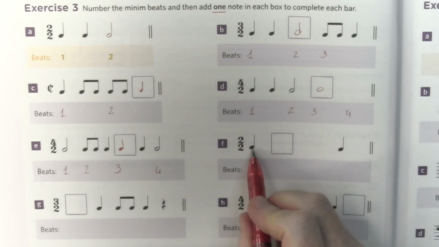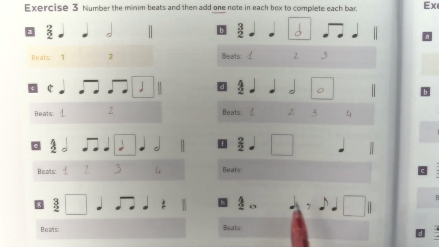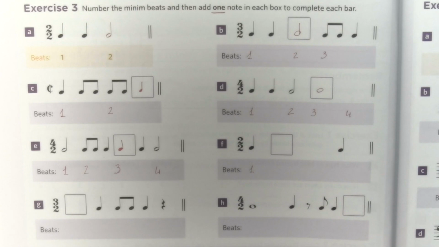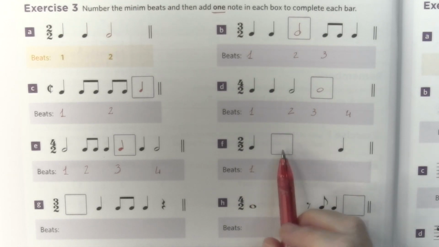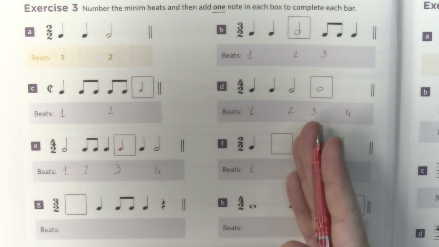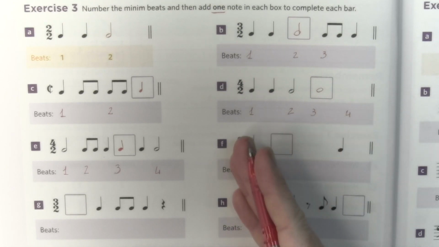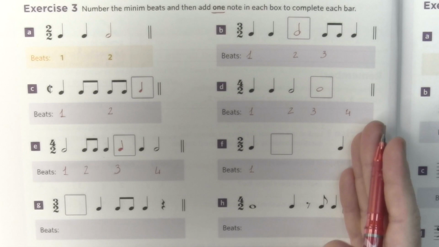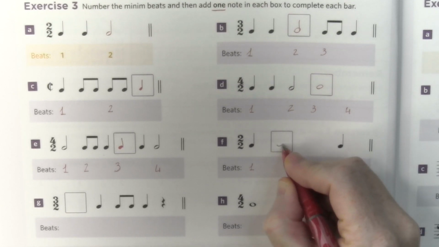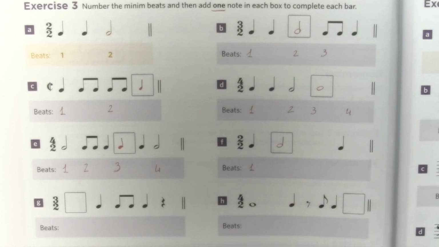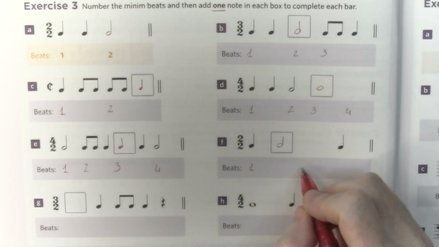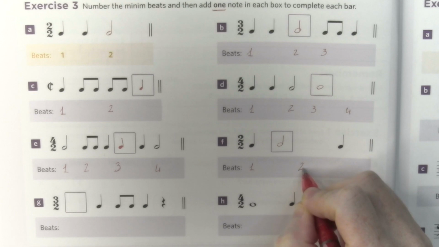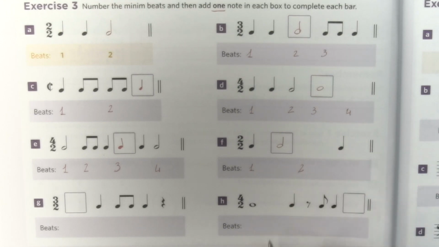We have 1 crotchet and 1 crotchet. Now in this case, this is interesting because we must add 1 note, and this 1 note must make up this count and this count. So if we put a minim, this will make up a crotchet for this count and a crotchet for this other count.